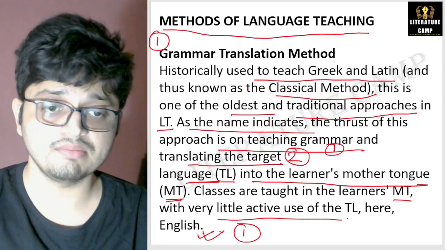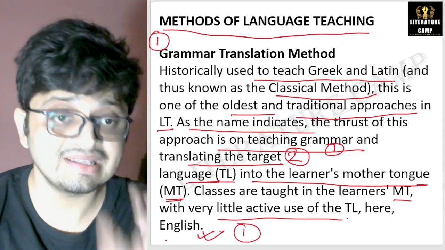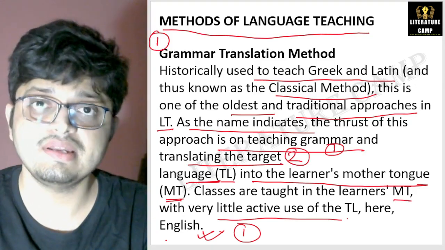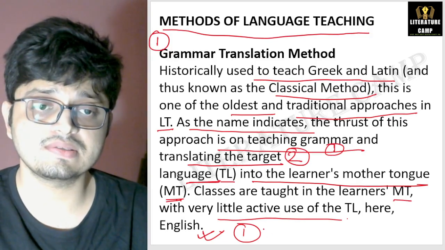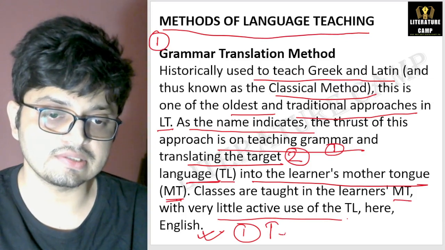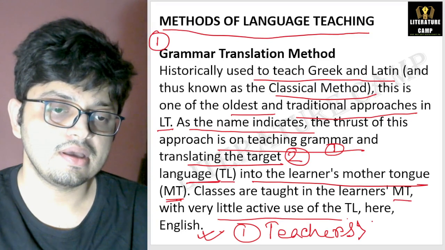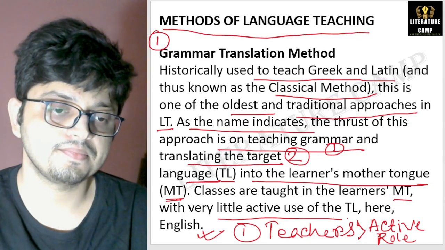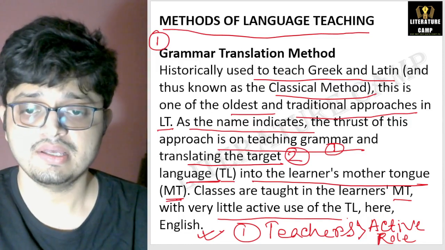And one more piece of information that you need to remember here: in this method, teachers are given an active role. So who plays the active role in this method? Teachers. Teachers play the active role in this method of teaching, right?